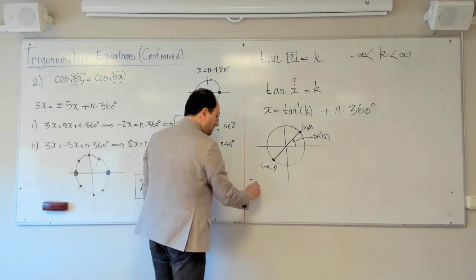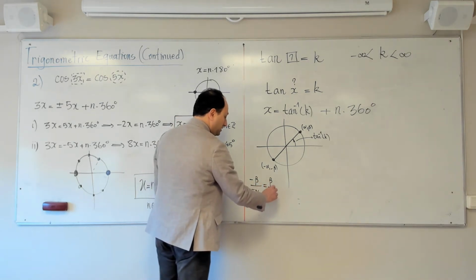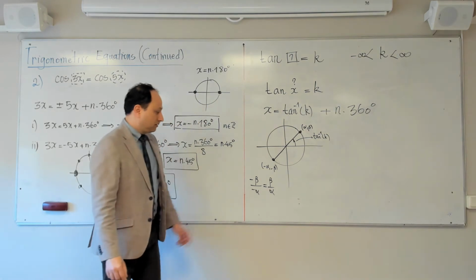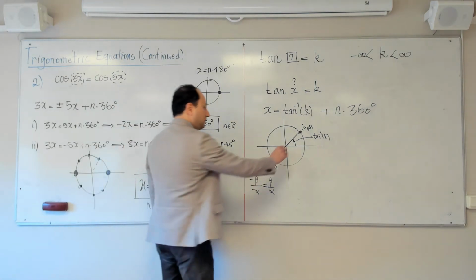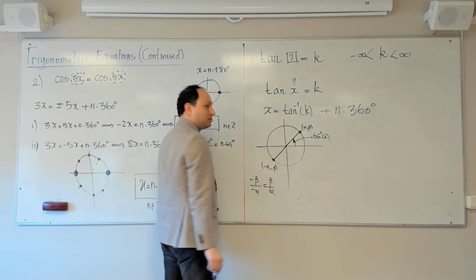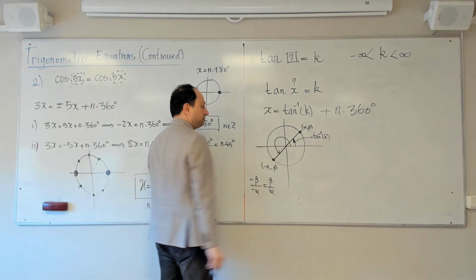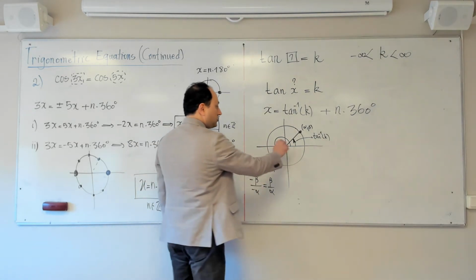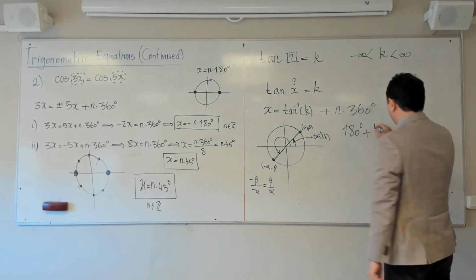So minus beta divided by minus alpha is exactly equal to beta over alpha, because these minus signs cancel. And if this happens, it means that not only this angle is acceptable for me, this angle is also acceptable. And as you said, this is just 180 degrees plus the angle that I got before.